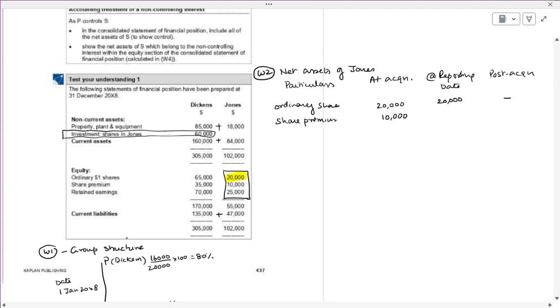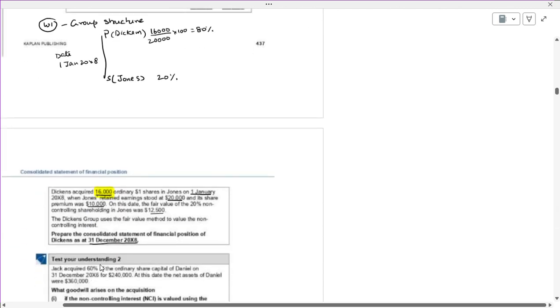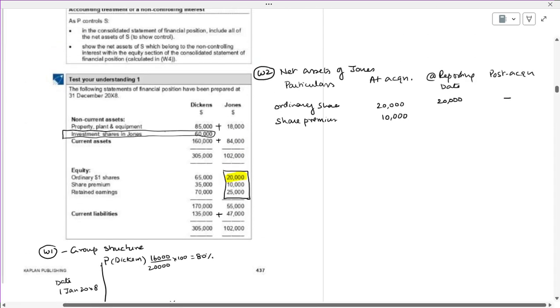Now you see the things. Share capital is 20,000 and share premium is 10,000. There also 10,000, here also 10,000. It will remain, there is no difference. That comes to retained earnings.